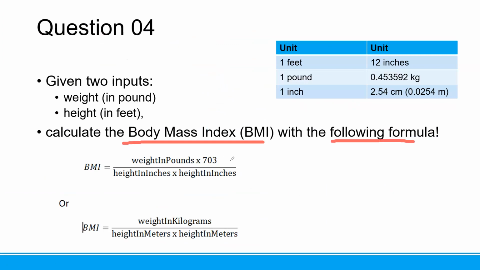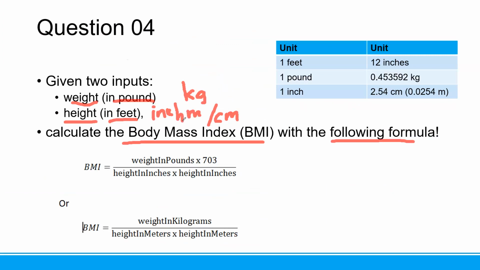So weight, I think in Korea we use kilogram. And the height in Korea we use like meter or centimeter. In Europe or in other countries, they use pound. And for the height, they use feet and inches.